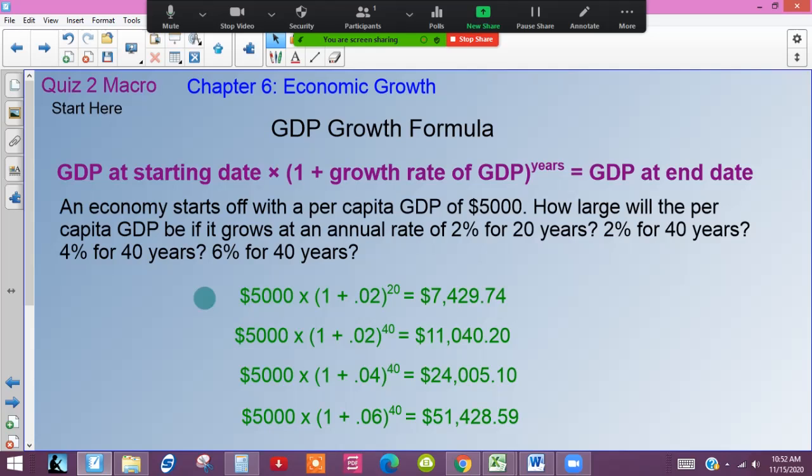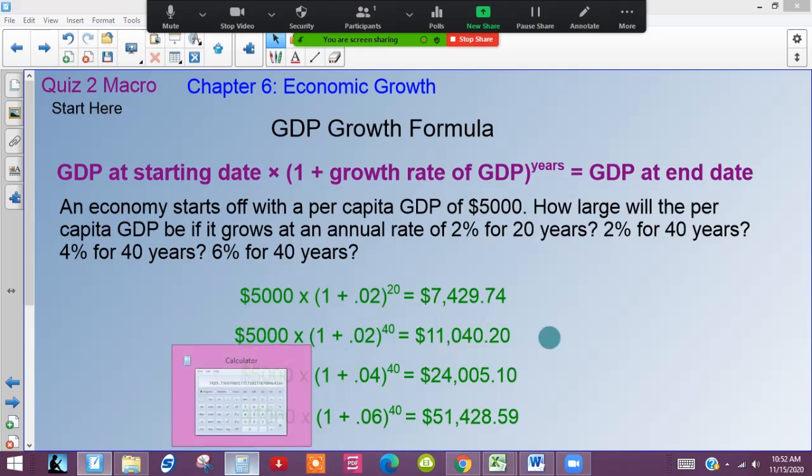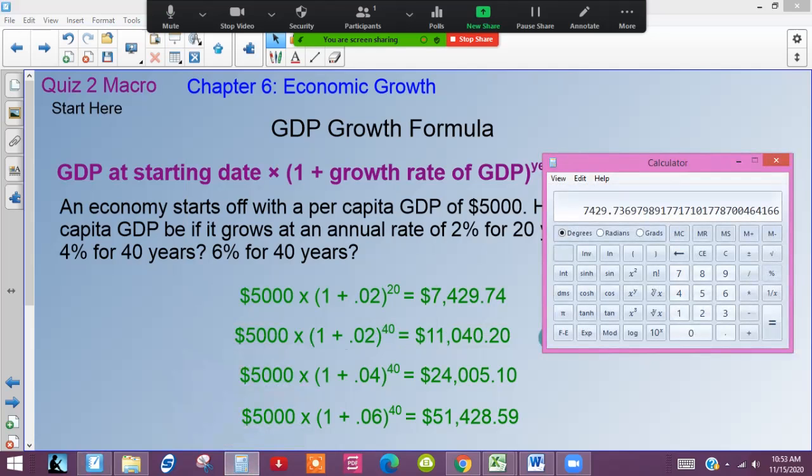So we're going to do this calculation right here with our calculator. We just take 1.02 raised to the power of 40 equals times 5,000. And that's going to give us our answer right here that I rounded up to 20 cents.